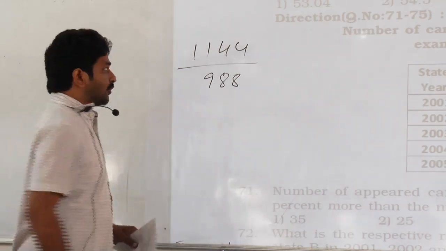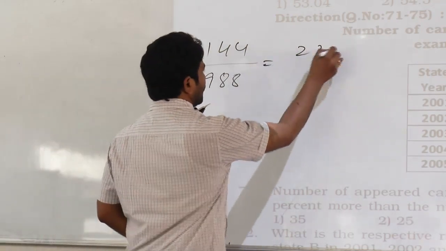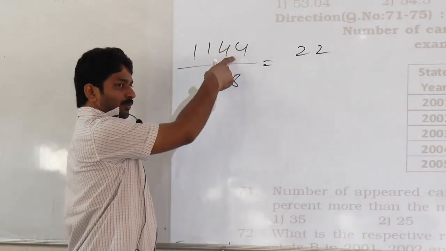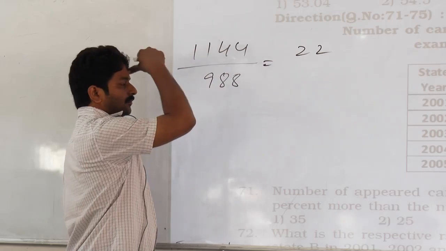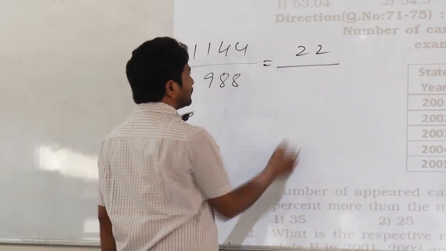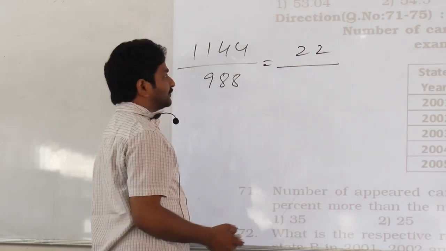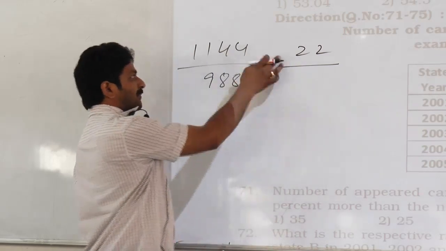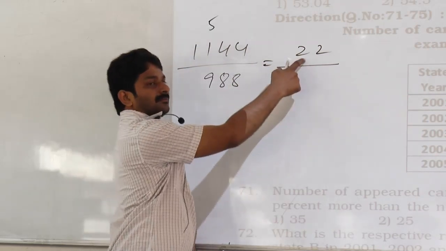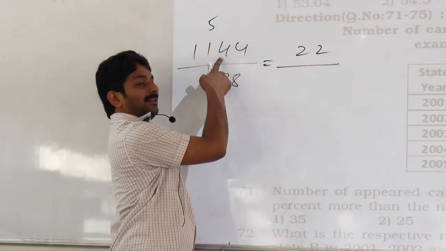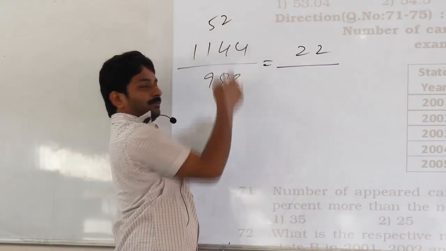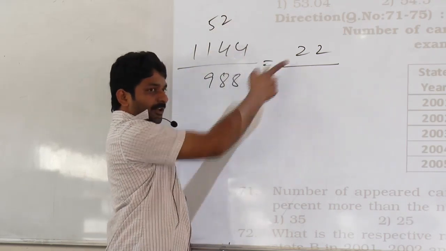Out of those two, what is your numerator? 22. If it has to be 22, let me divide this number by 22. 22 fives are 110, then you have 2, 52. So this is cancellation with 52.